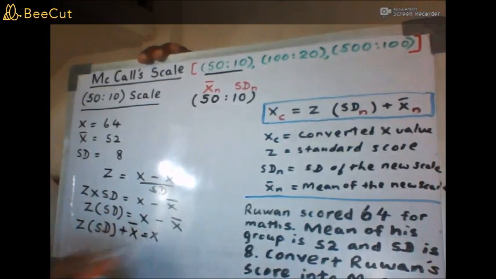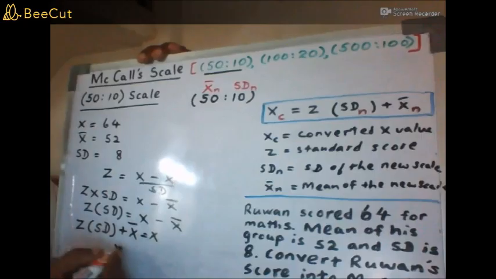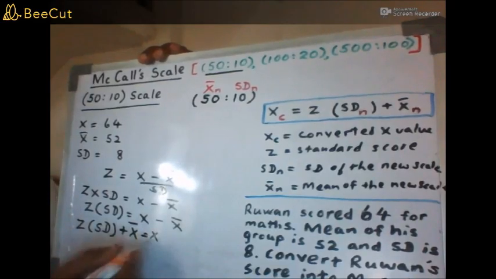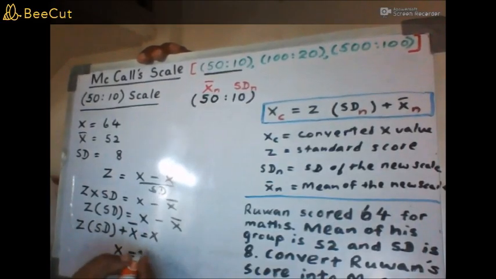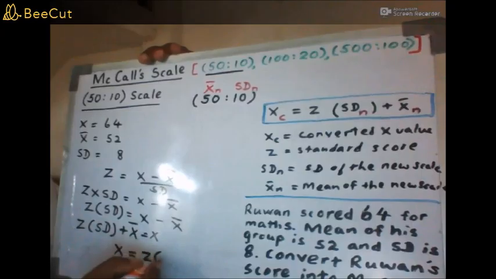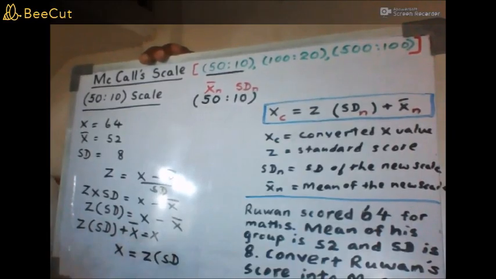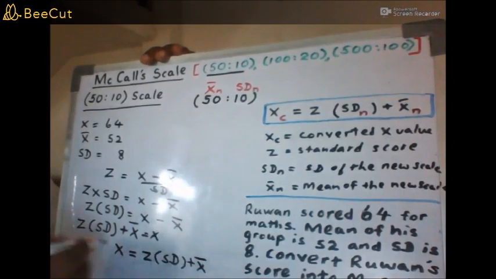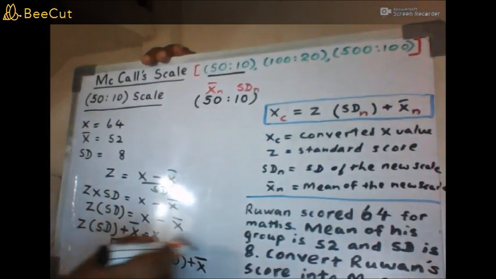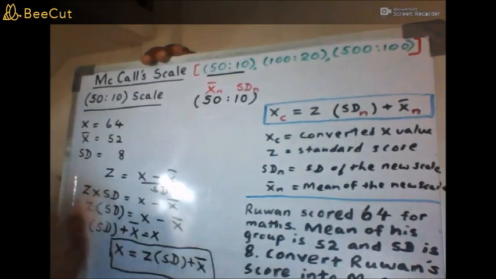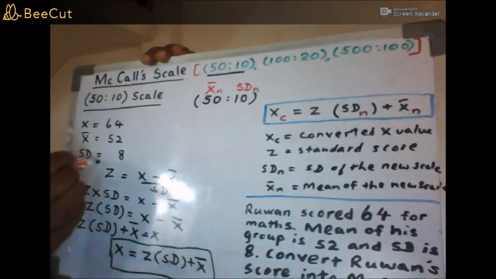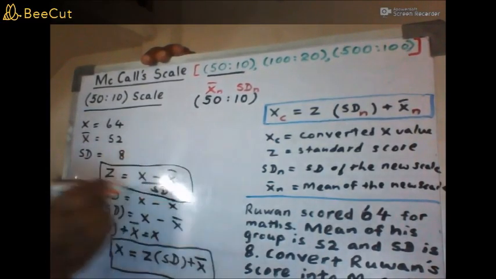So x equals z into SD plus x bar. That's the way you derive this formula.